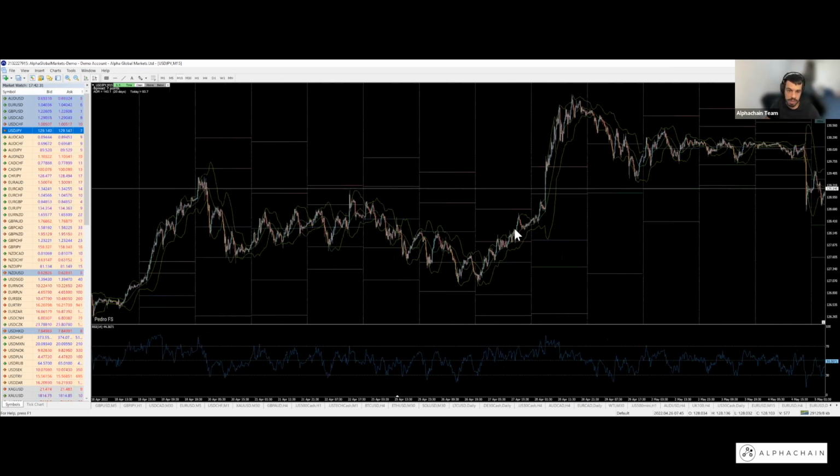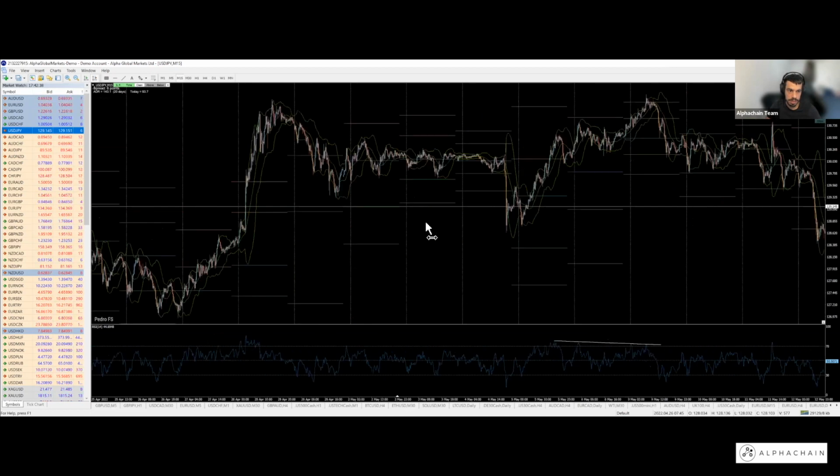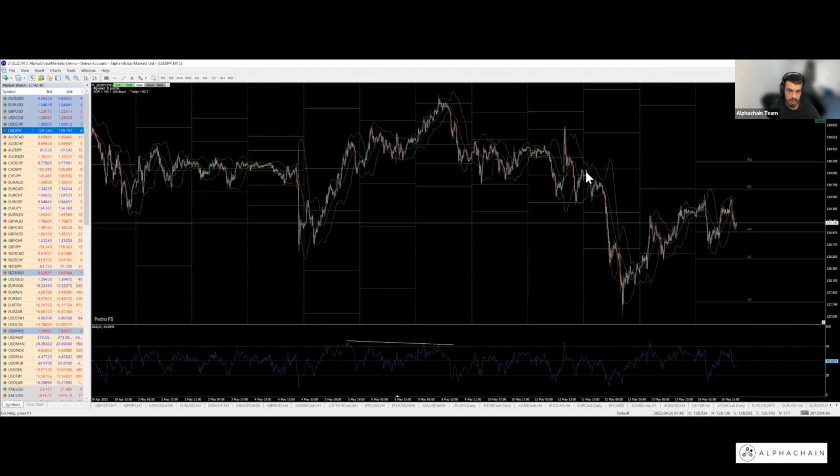In terms of looking for continuations, just like I showed before, instead of waiting for a good level, you could try to join the trend at the pivot point level instead of even expecting price to go there.